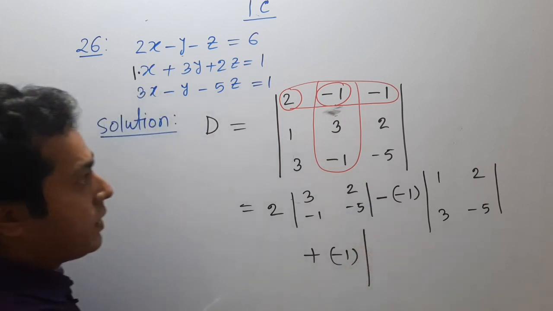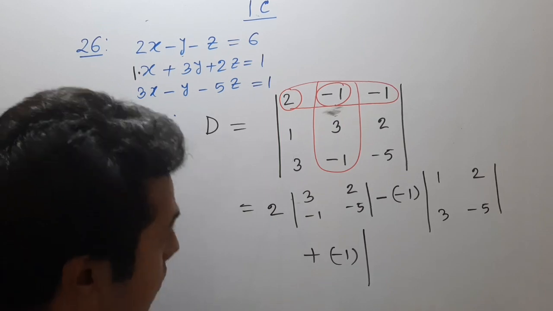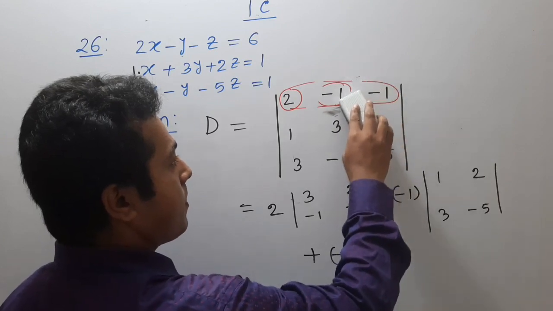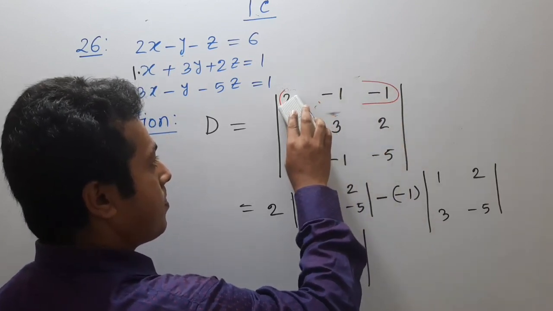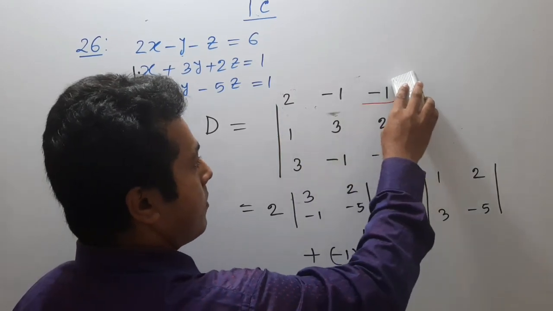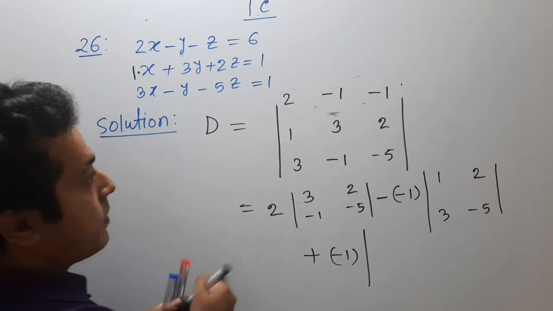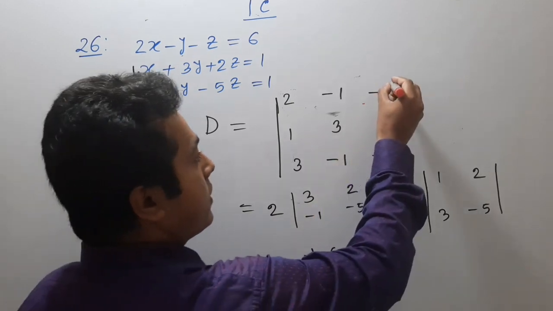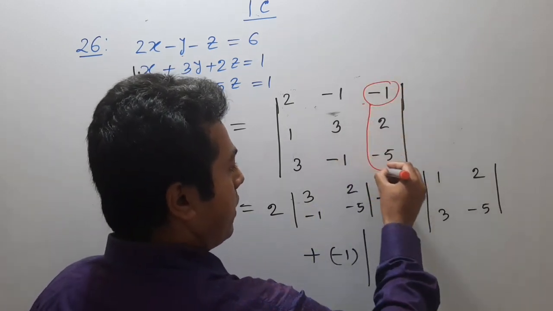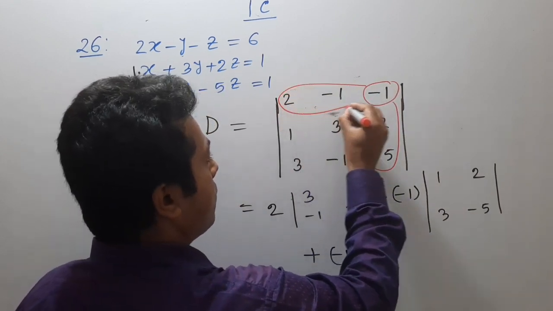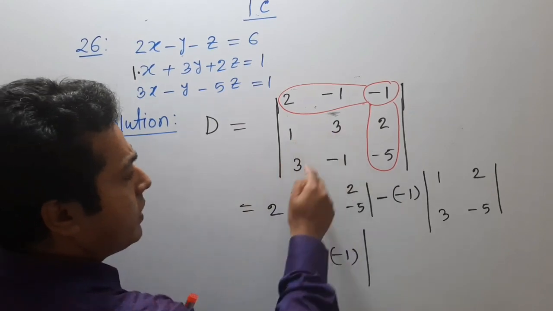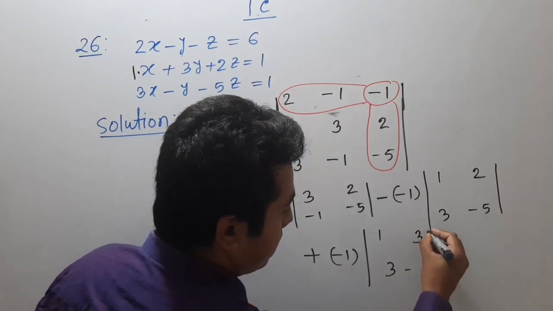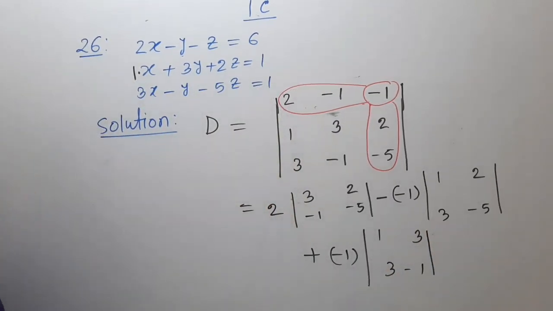Ignore the row and column of this minus 1, then our determinant is 1, 3, 3, minus 1.